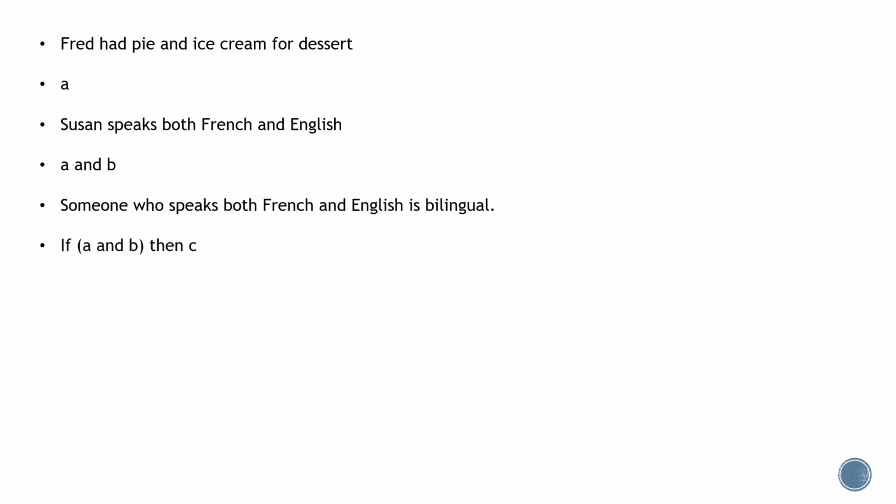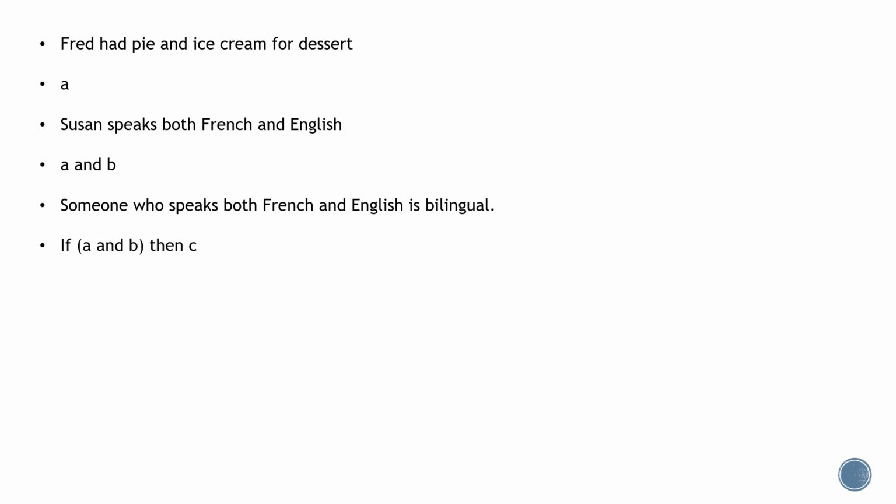So what looks like it's going on here is saying something like, if someone speaks French and someone speaks English, then that someone is bilingual. So if one speaks French and one speaks English, then one is bilingual. And that seems to be the structure of what's going on there.